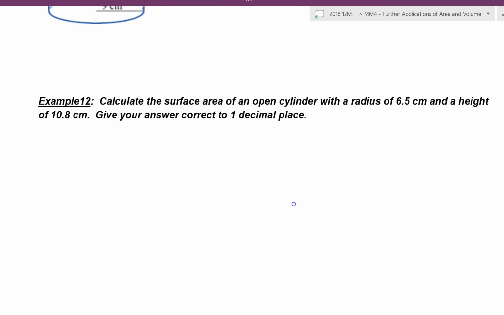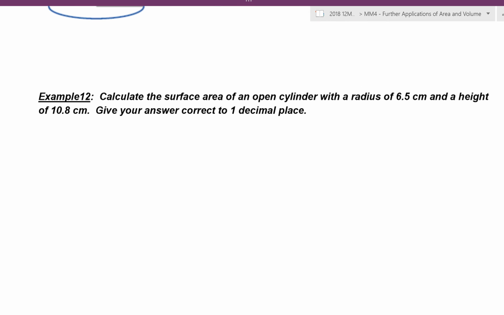Moving along. Surface area of an open cylinder. Radius 6.5, height of 10.8. We could draw a diagram, and as much as I love them, it's not going to add much to this. We know that it's an open cylinder. Highlight that. Open cylinder. So my surface area is just the perimeter times the height. So it's 2 times pi times radius 6.5 times the height of 10.8.